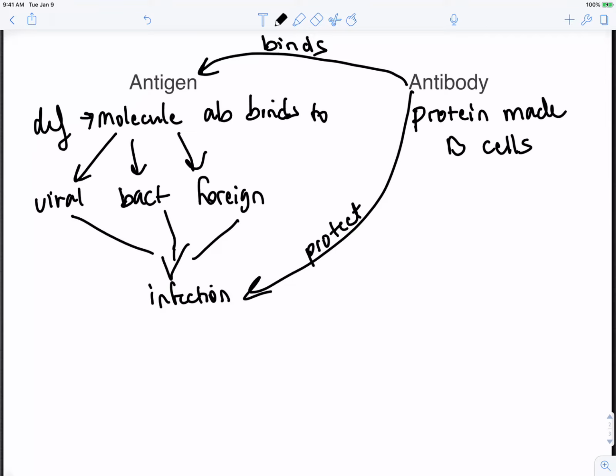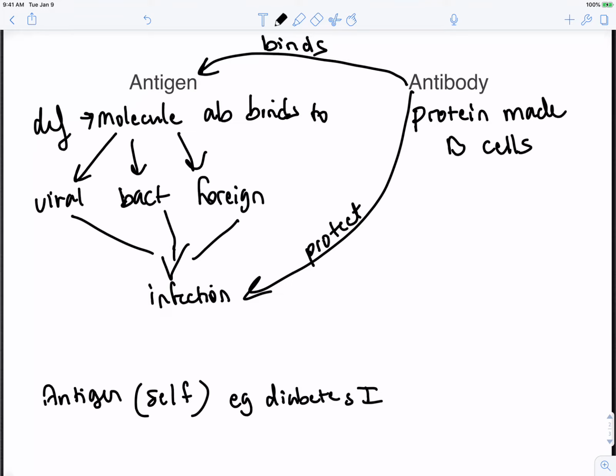Antibodies are going to bind to antigens. Most of the antigens are going to be foreign antigens from some sort of pathogen, and then the antibodies are going to help to eliminate the pathogen and protect from the actual disease. And then an antigen can also be self. An example is diabetes type 1, where you have a self-antigen that stimulates the immune response to attack and kill your pancreatic beta cells.